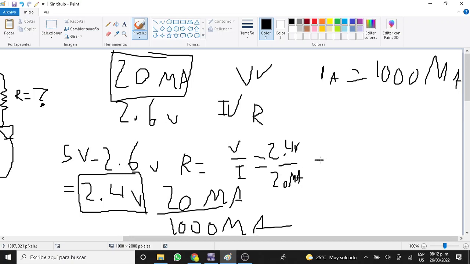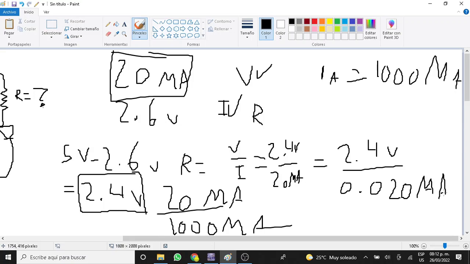So this is equal to 2.4 volts divided by 0.020 amperes.